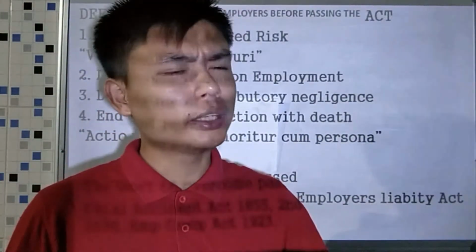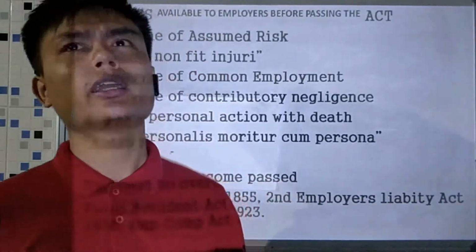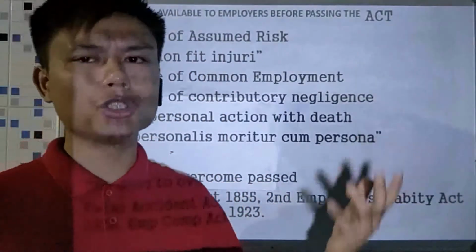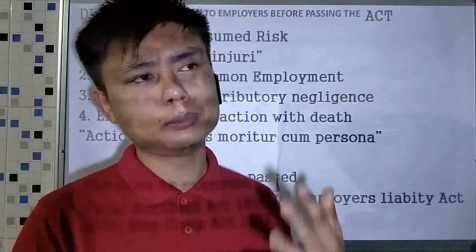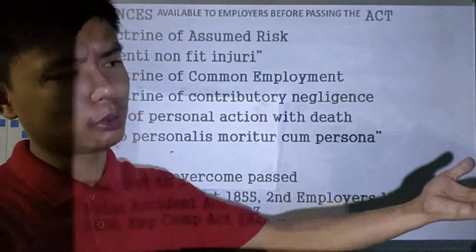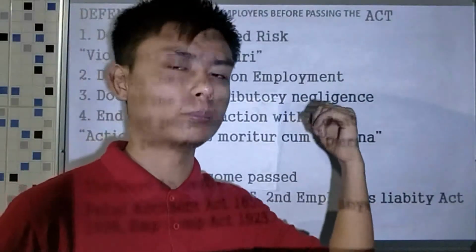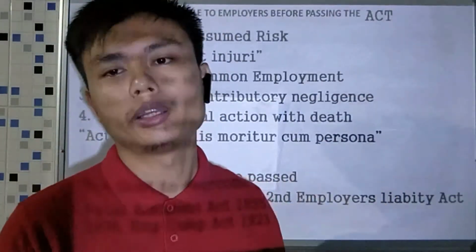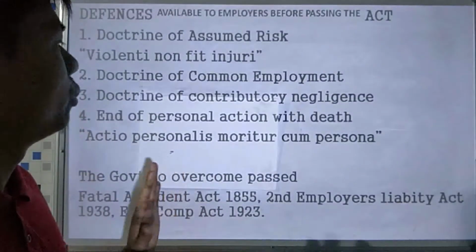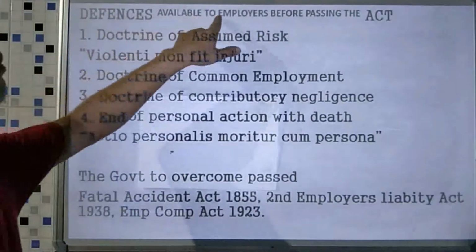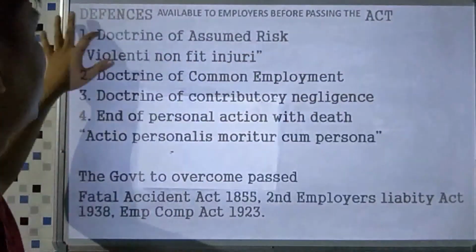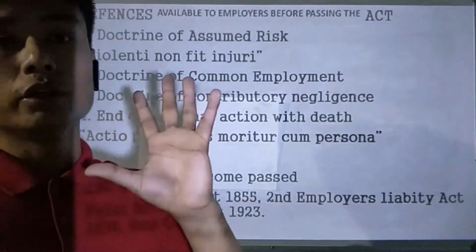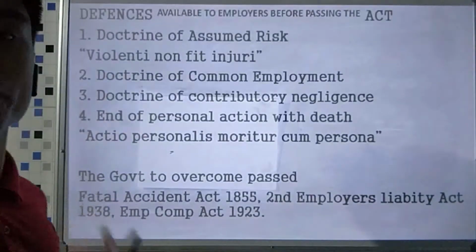They could exploit or give excuses for not paying compensation. We'll be speaking about them, and because of all those things, this Compensation Act was enacted. So these were the defenses employers used to avoid paying compensation before the passing of this Act.